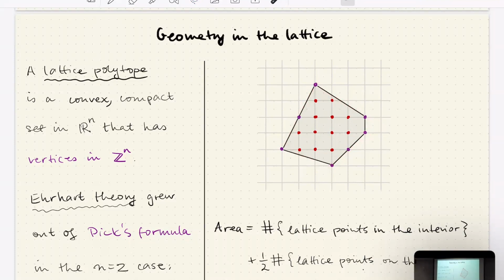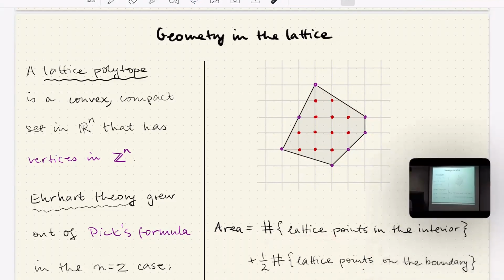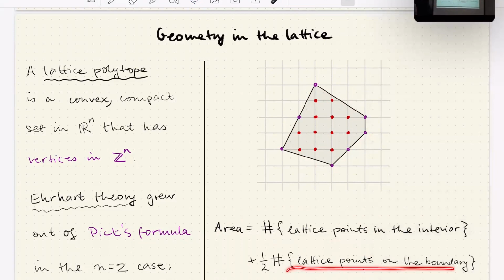And then there is this classical formula for its area, which expresses it in terms of discrete data, such as the number of lattice points in the interior, also the lattice points along the boundary that you have to take 1/2 times, and then you subtract 1. That's supposed to compute the area of this continuous object in the middle. All right, so you can check that actually this works out in this example.